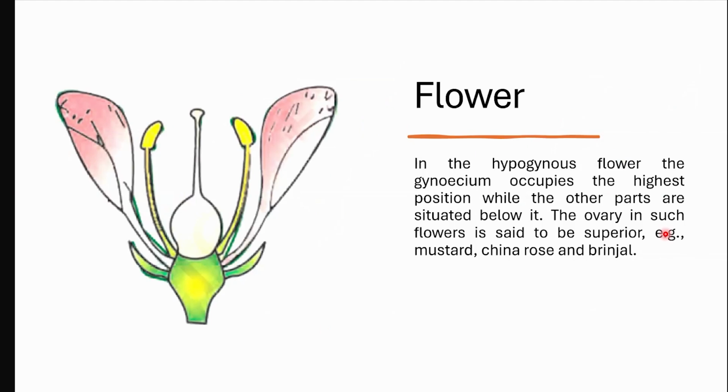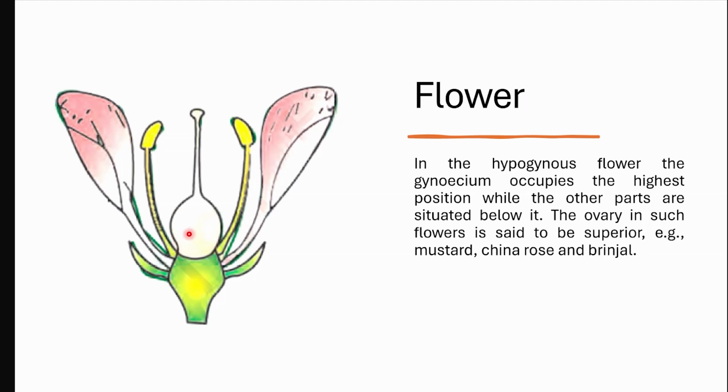So when we talk about a hypogynous flower, in the hypogynous flower, the gynoecium occupies the highest position. This is the gynoecium, and you can see that it is at the highest position. Sepal is attached over here, petal is attached on top of it, and androecium is attached on top of that.